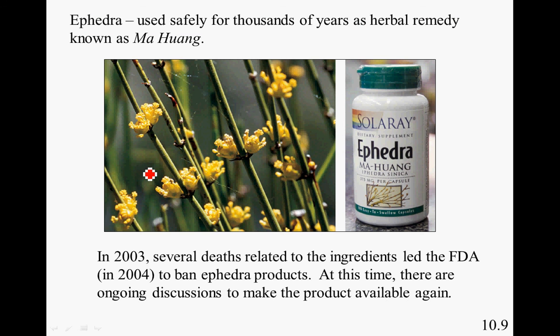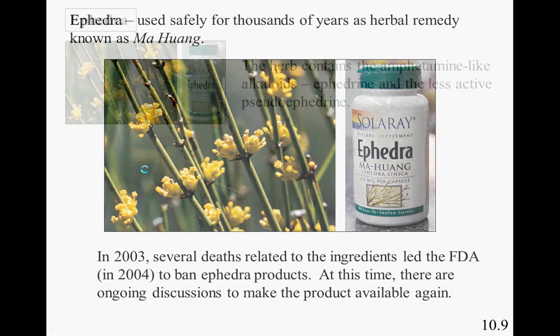Ephedra is another example of a herbal remedy. Ephedra has been used safely for thousands of years as an herbal remedy known as ma huang. In 2003, several deaths related to the ingredients led the FDA to ban ephedra products. At this time, there are ongoing discussions to make the product available again.